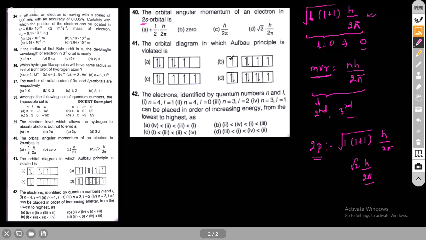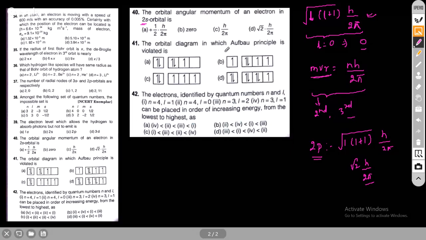Yes, Hund's rule is violated, because what it says is that pairing of electrons takes place only once all the orbitals are singly occupied. Right. So here you see this orbital is vacant and the pairing takes place. So this option A violates Hund's rule.